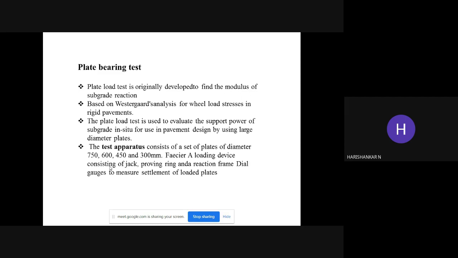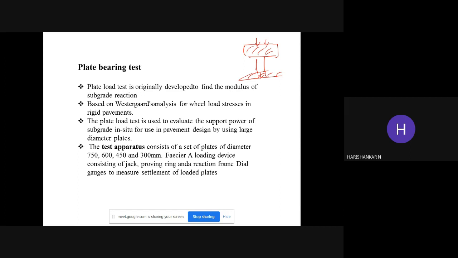Once you place the load providing equipment on top of the soil, you can apply the loading so that it will go directly to the soil.